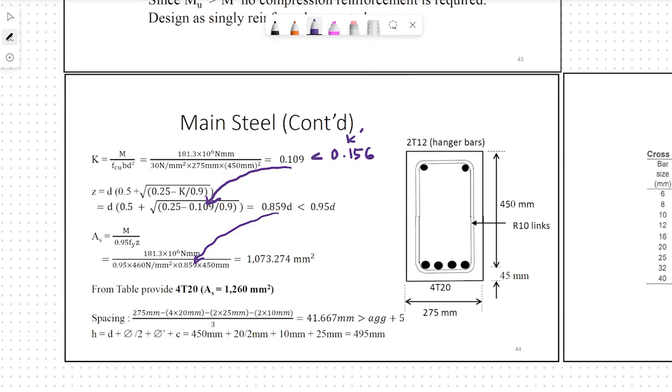And for AS here, the steel area is M, 181.3 times 10 power of 6 Newton millimeter, divided by 0.95 times the strength of steel, for the main reinforcement, because Fy given in the question always refers to the strength of the main reinforcement.